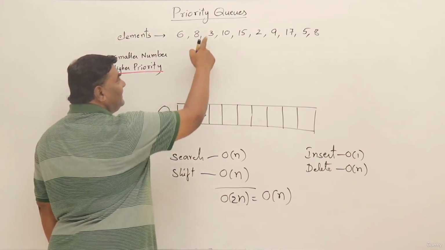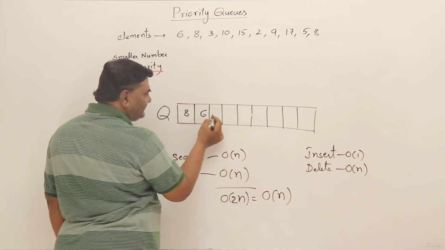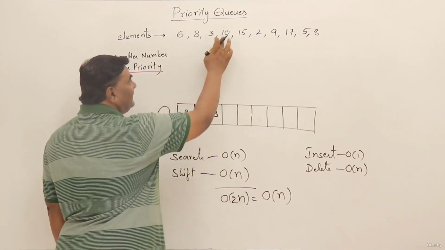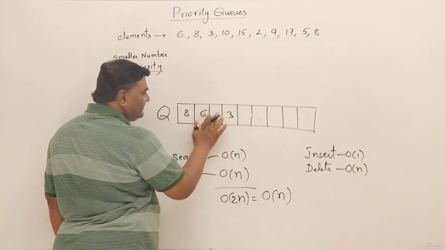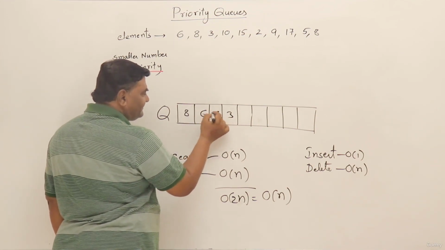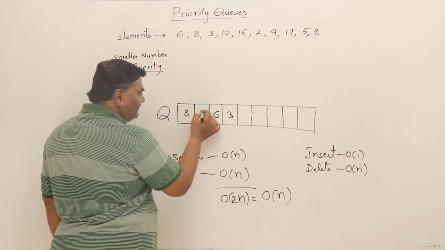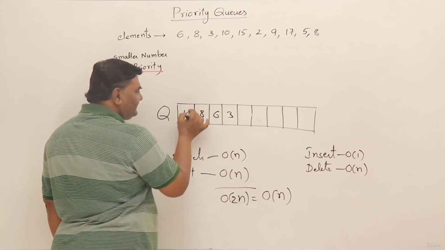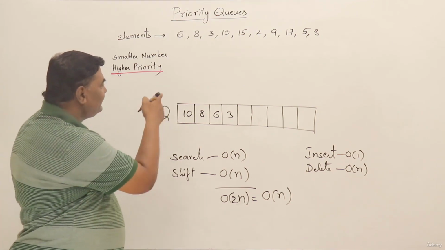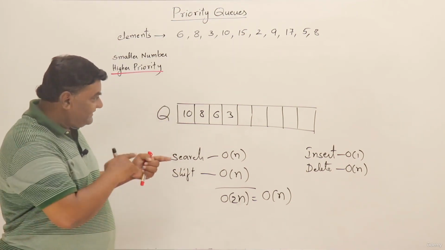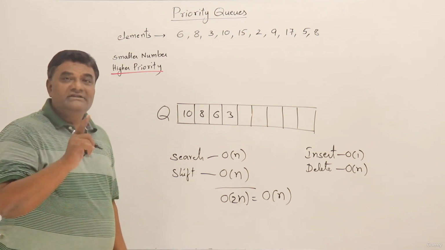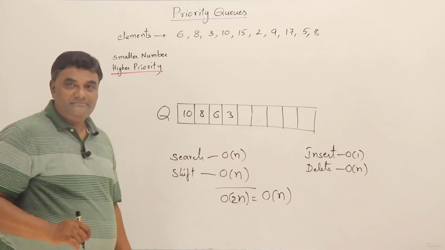Then 3, okay, 3 is smaller than 6, so insert it. 10, so 10 is greater than this one, move 3, move 6, 10 is greater than 8 also, move it. Then insert 10 here. So I am inserting an element in the sorted order, that is decreasing order.